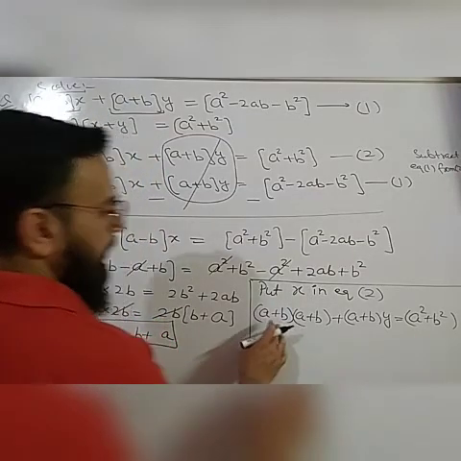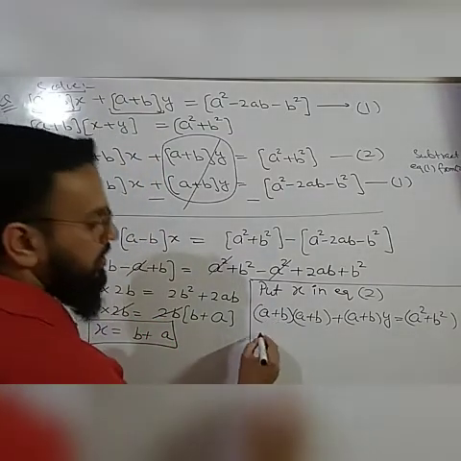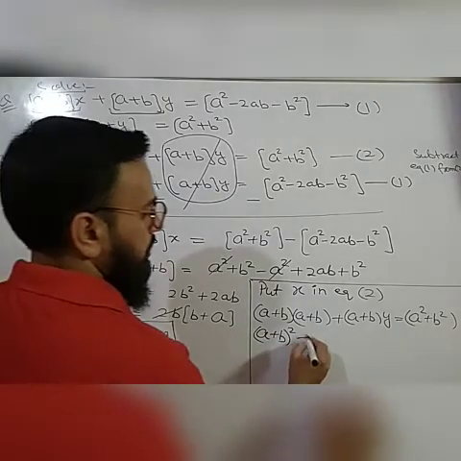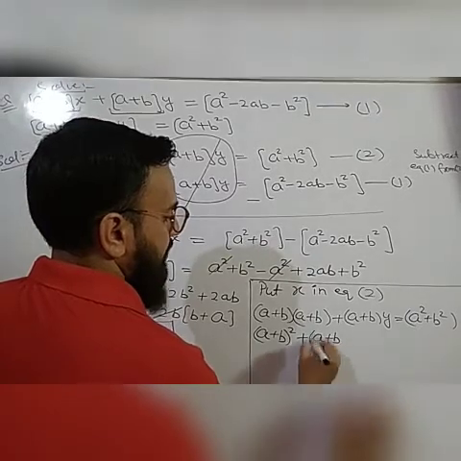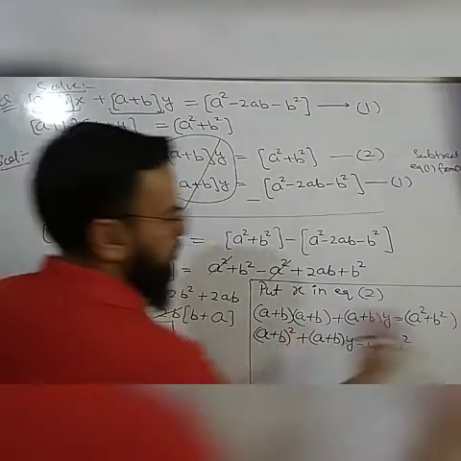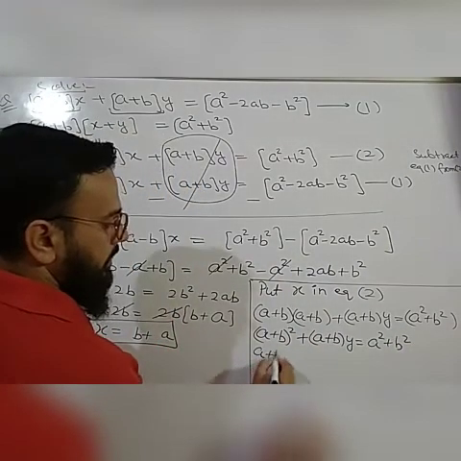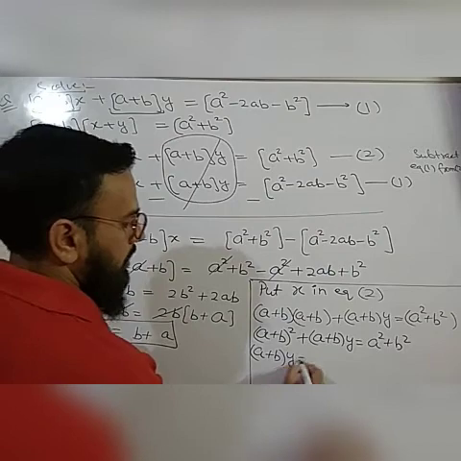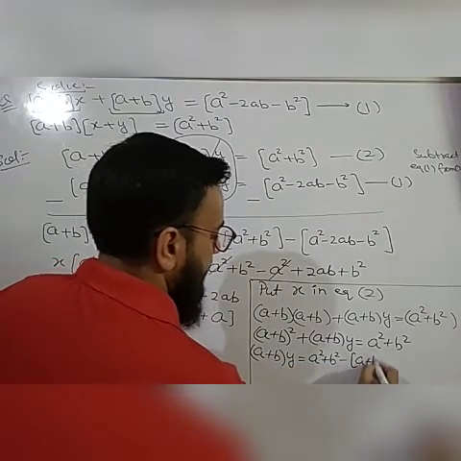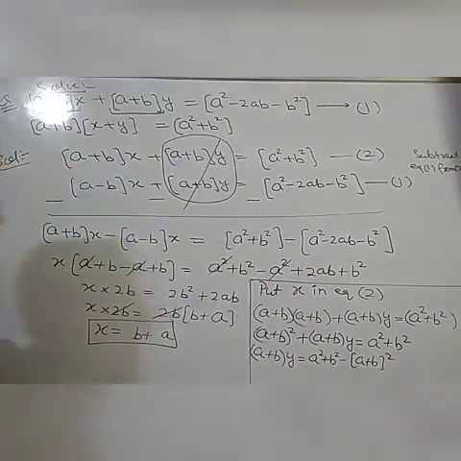So it is a plus b whole square plus a plus b into y is equal to a square plus b square. Now taking this term to the right hand side, we get a plus b into y is equal to a square plus b square minus a plus b whole square.